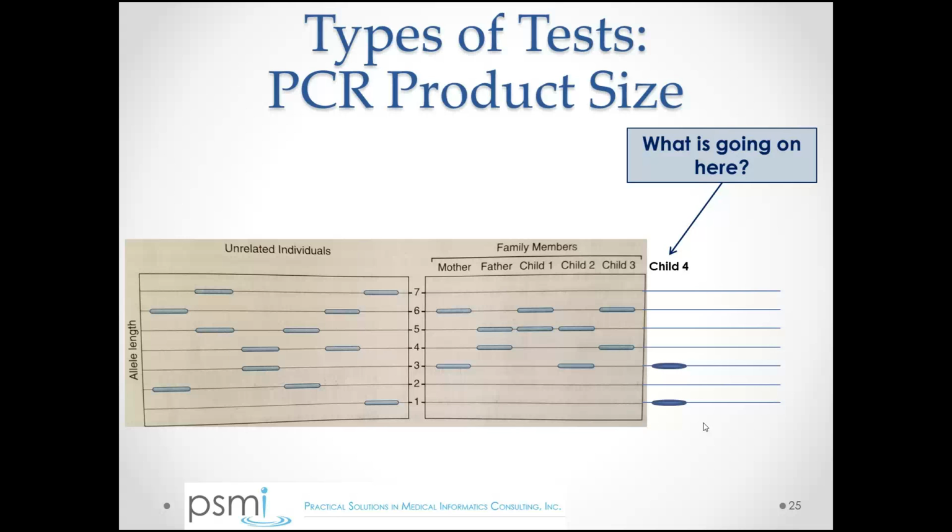Well, in this particular case, probably not, because child 4 has just 1 repeat and dad had 4 and 5 repeats, and the likelihood of a mutation in dad's sperm decreasing the number of repeats is extremely, extremely low.